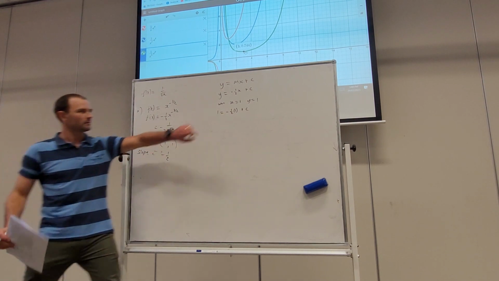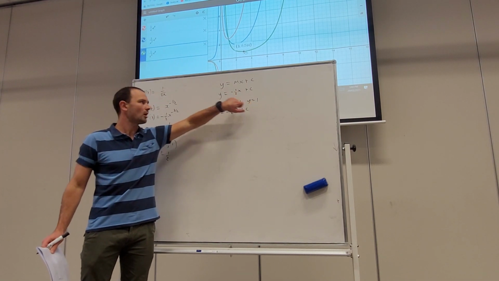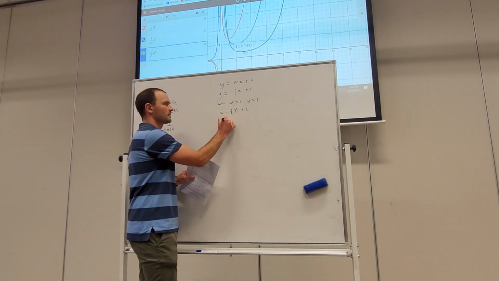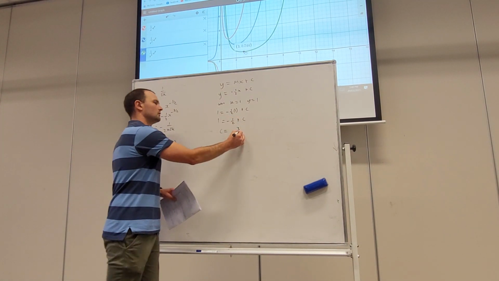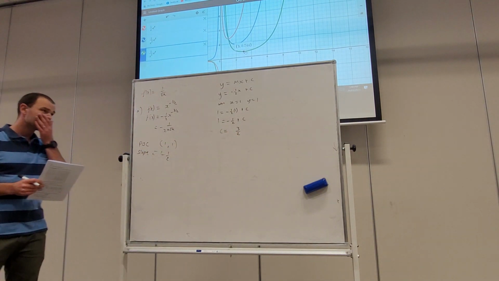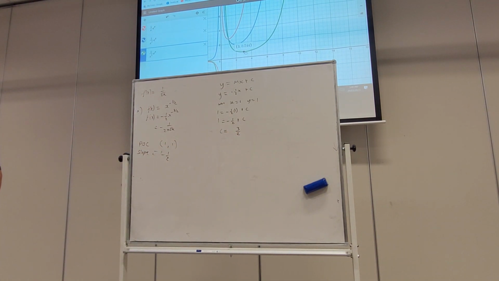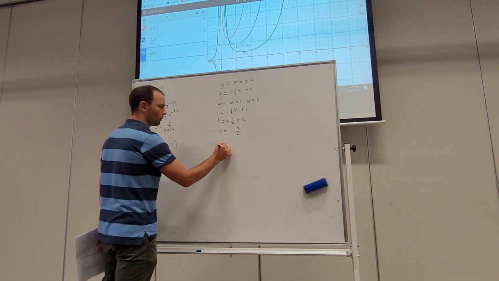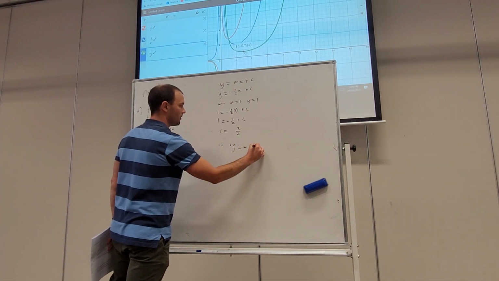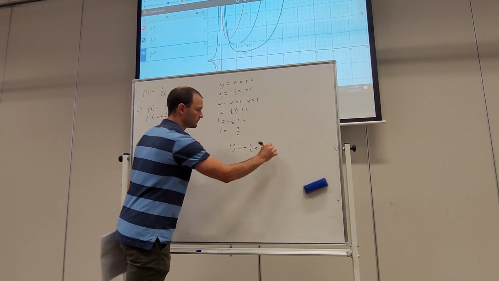All I've done there is put x is 1 where x is, y is 1 where y is. Let's process this. Add half to both sides. 1 plus half is 1 1/2, 3 on 2. So therefore the equation of this tangent is minus half x plus 3 over 2.